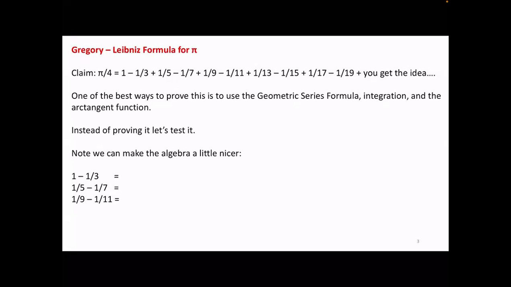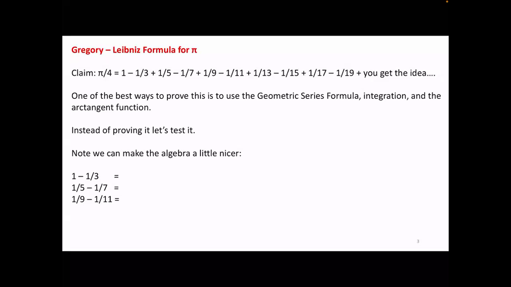This one isn't too bad to show it converges, because you can notice that because 1/3 is greater than 1/5, when you go down by a third and then up by a fifth, you're never going to go back below where you were. You're going to undershoot at minus a third. And then when you go up to 1/5, you're going to overshoot. So it's going to be getting closer and closer and closer to the true value.